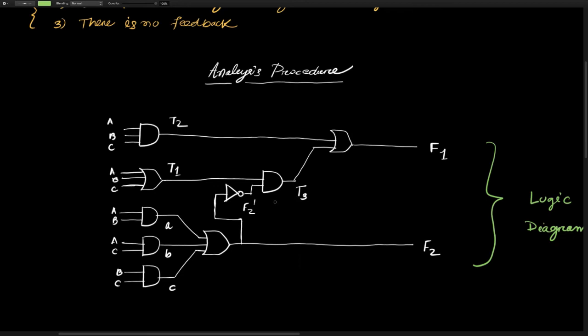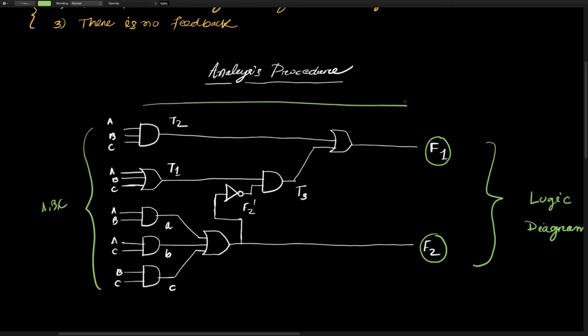I have taken an example for this. This is an example of combinational logic. You see there are two outputs and multiple inputs, for example A, B and C. These are the inputs, and internally you have logic gates, and that's exactly the definition.